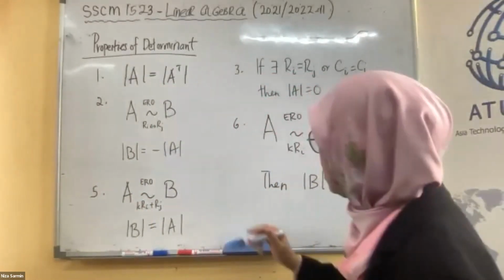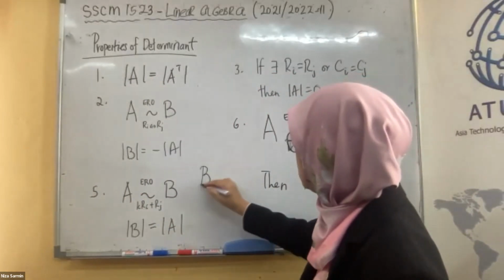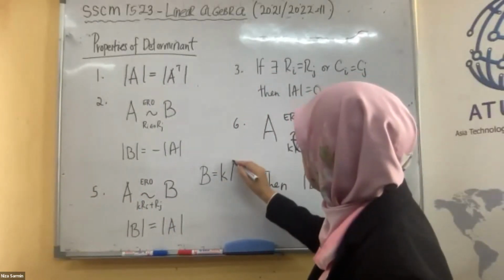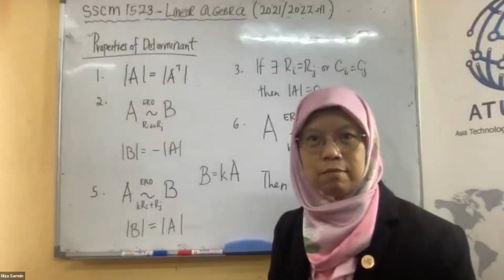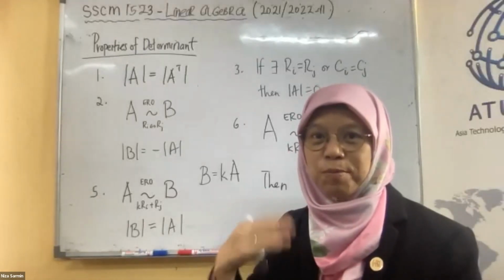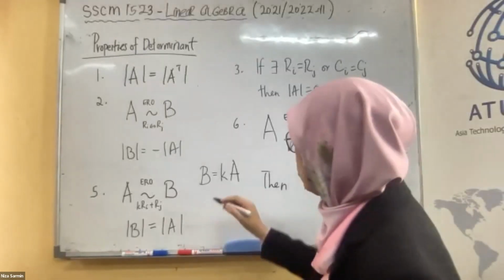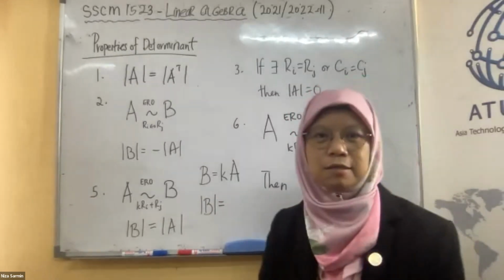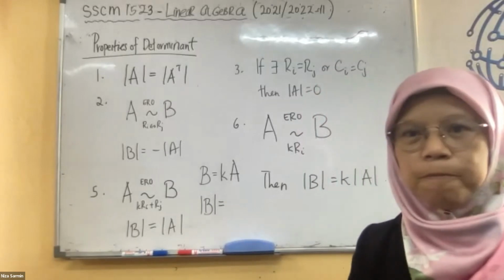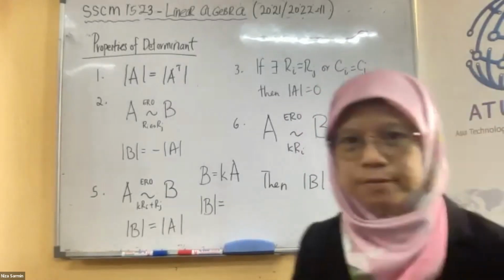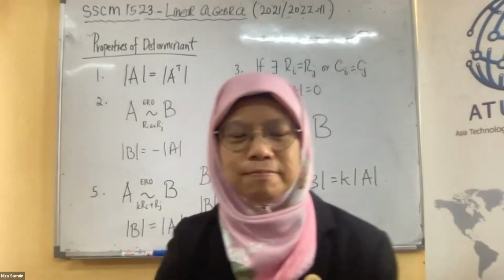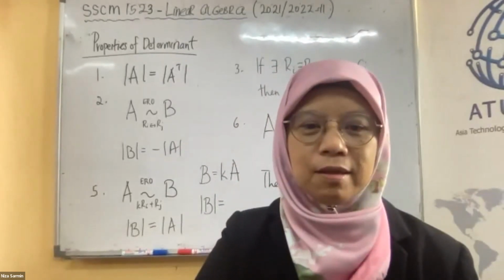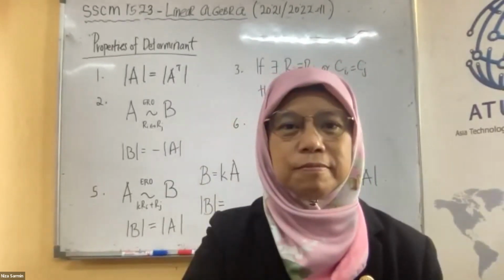What about this? What about B is KA? This means you multiply every row by K, right? What is the determinant? What is the answer? You can type, or you can unmute.